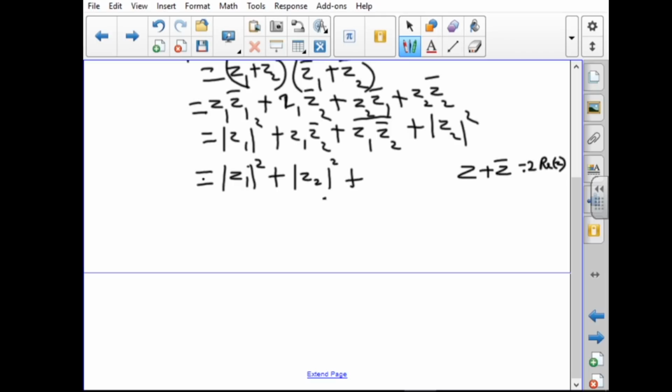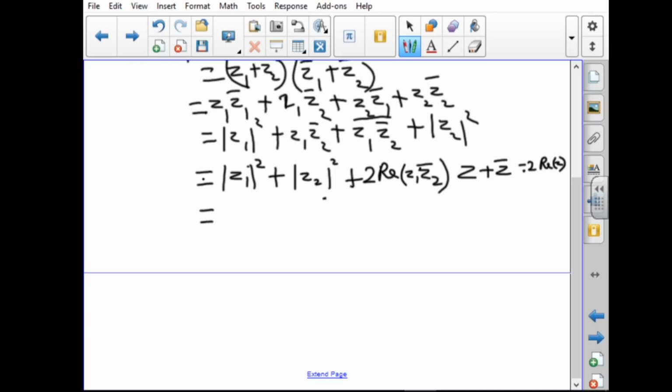So, it gives us 2 into real part of z1 into z2 bar.